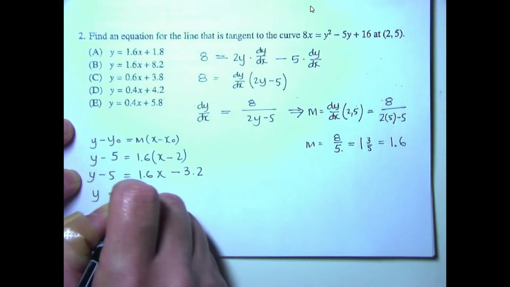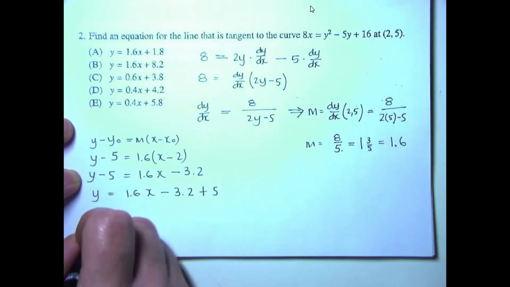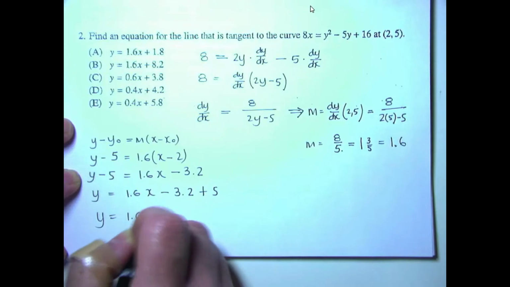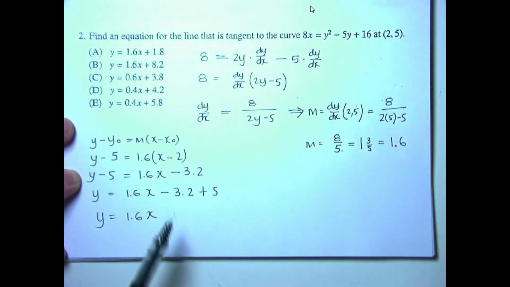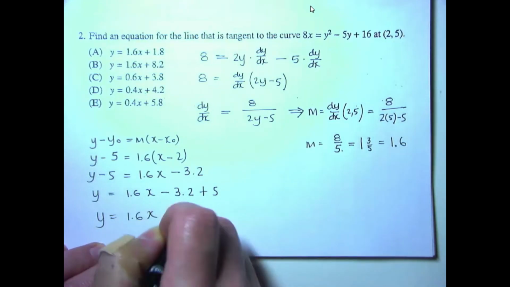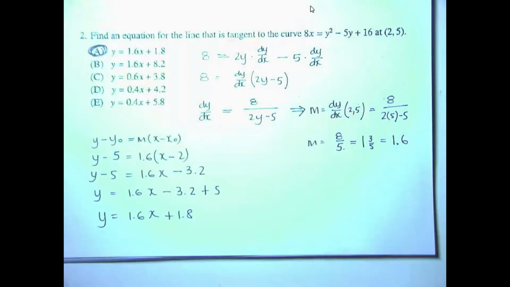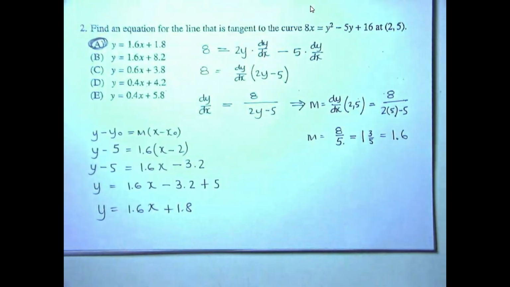So y is equal to 1.6x minus 3.2 plus 5. If we add 5 to this, I get 1.8. All right, so it looks like A is my answer here. I'm going to choose answer A.